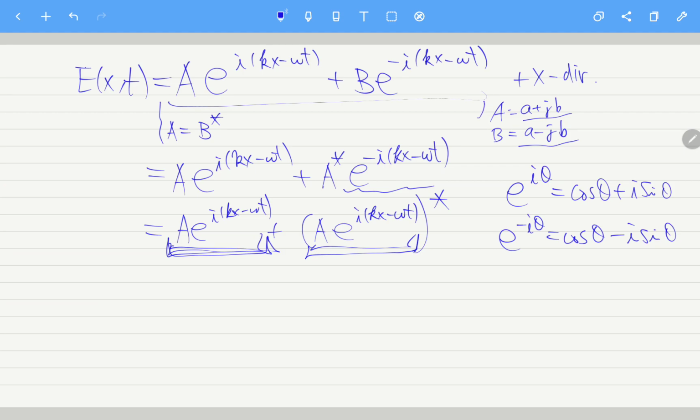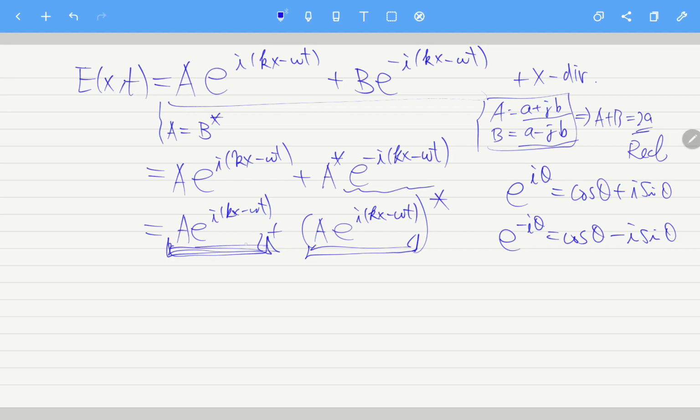Say A and B are complex conjugates of each other. If you add them together, a and a will be 2a, and jb and negative jb will cancel each other. It becomes real, so finally the real part remains.